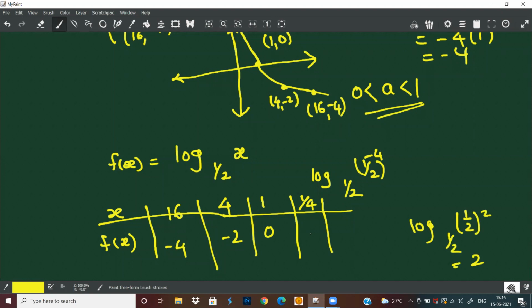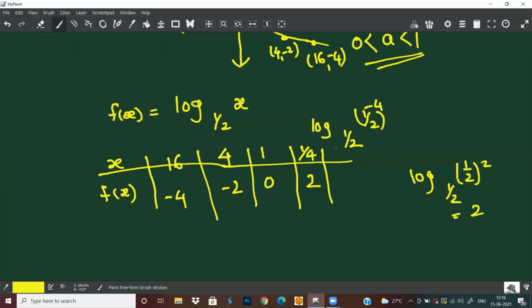So this is going to be 2. So (1 by 4, 2) again. Are you getting it? Then suppose I take 1 by 8, so this gives 3. Right? So (1 by 8, 3).